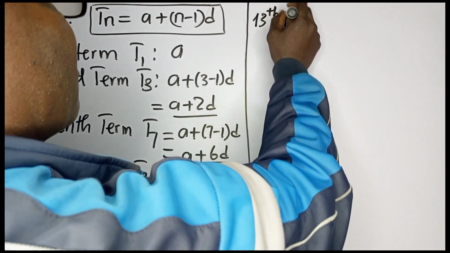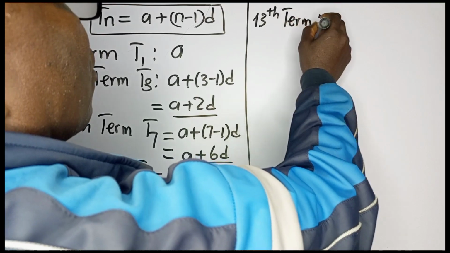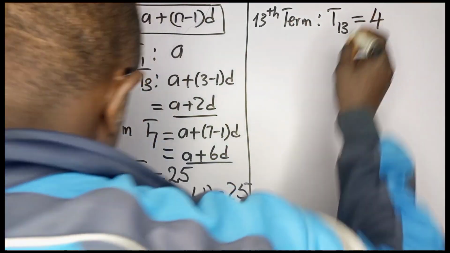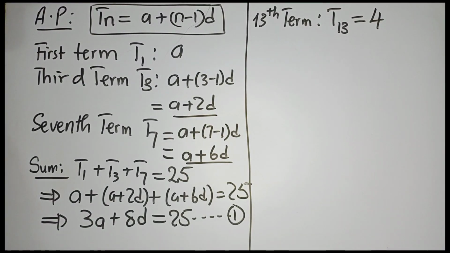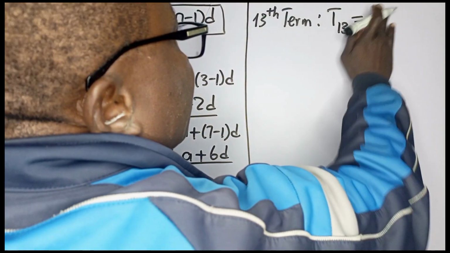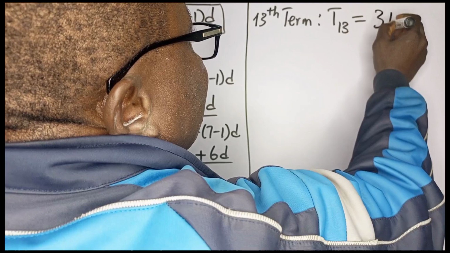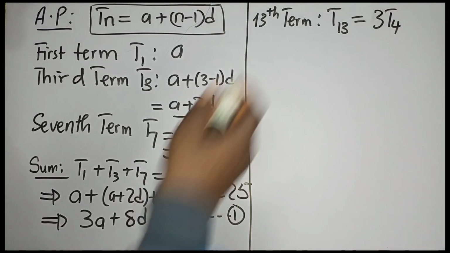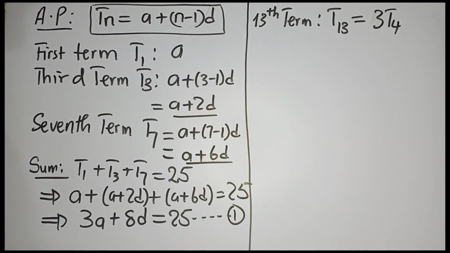The 13th term, we all know, should be T13, is 3 times the fourth term, thrice the fourth term. That's the next equation. So it's from there that we're going to get our second equation.